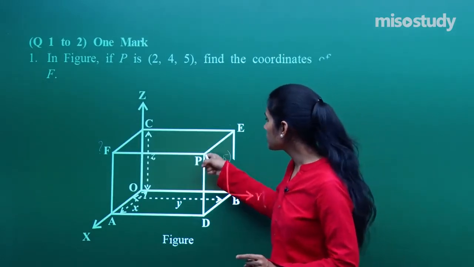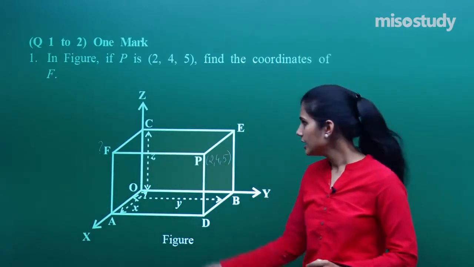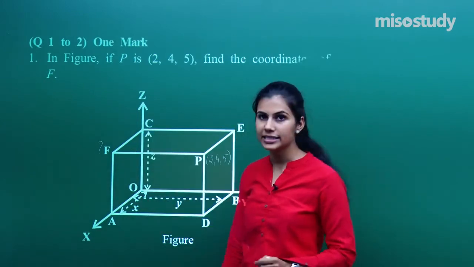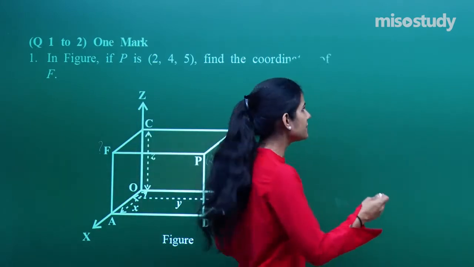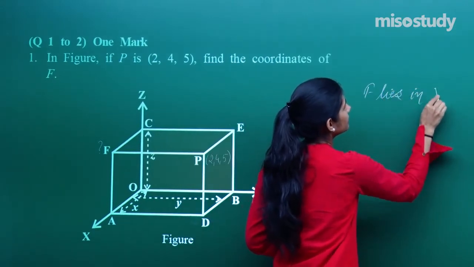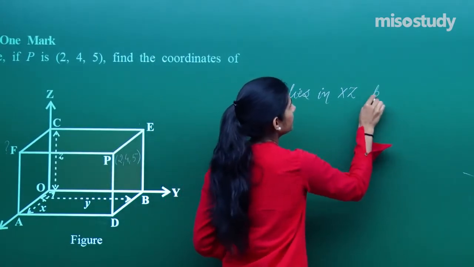If you carefully observe, F and P are lying on a straight line, isn't it? F and P are lying on a straight line. In fact, point F is lying in the xz plane.